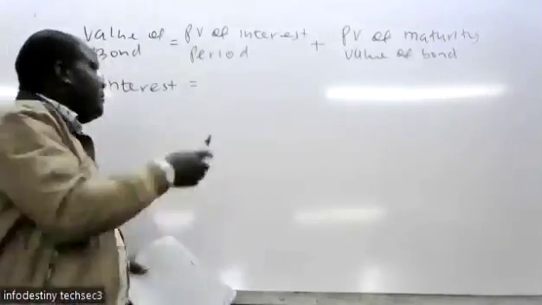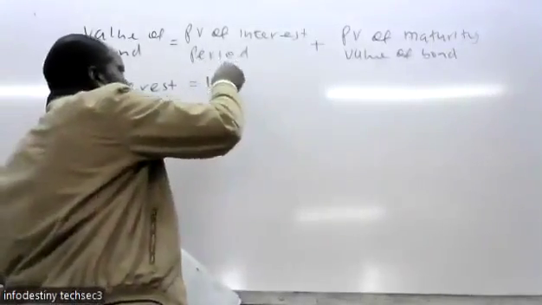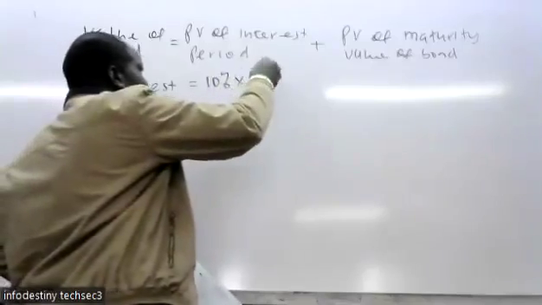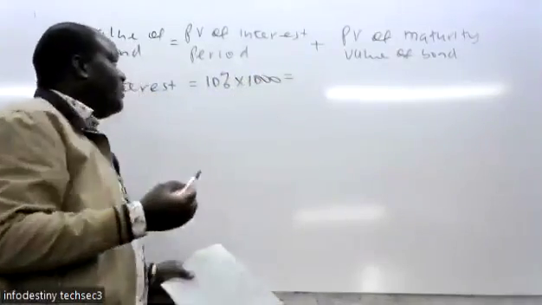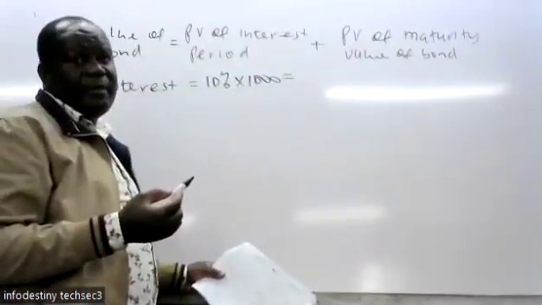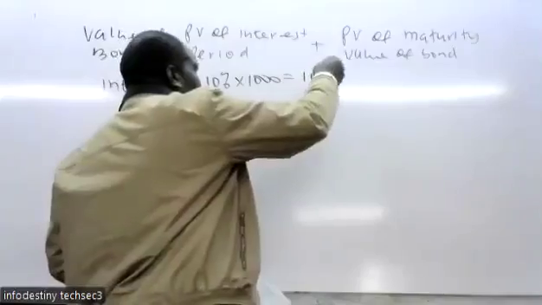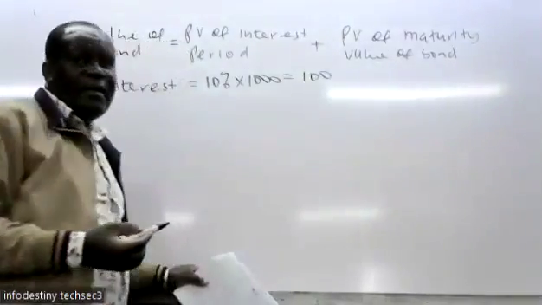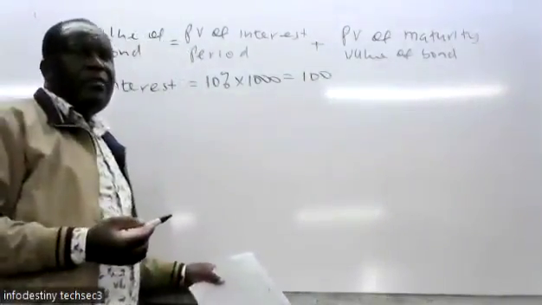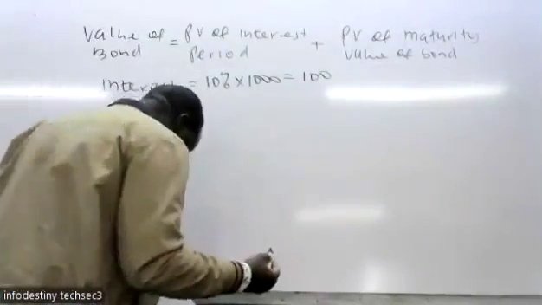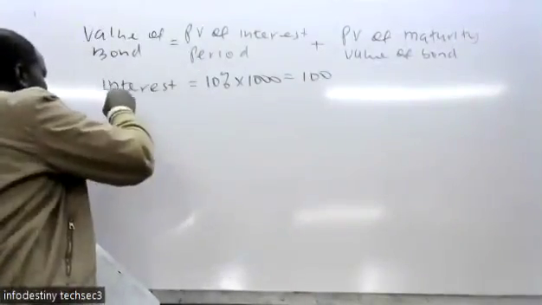So we get 10% of the par value, which is 1,000. What should be 10% of 1,000? 100. Then we also need to calculate the maturity value of the bond.